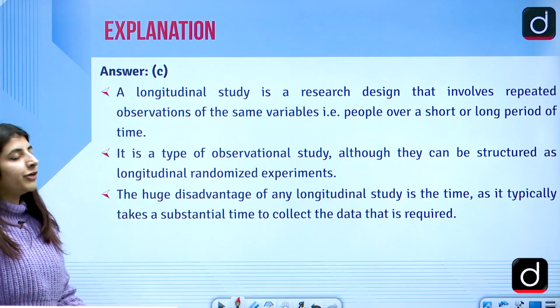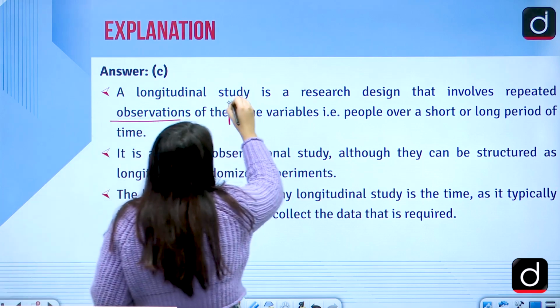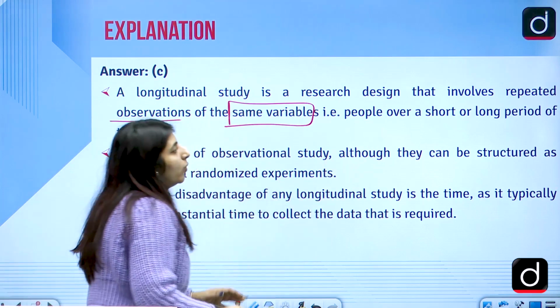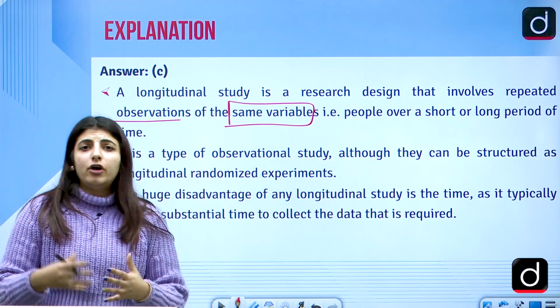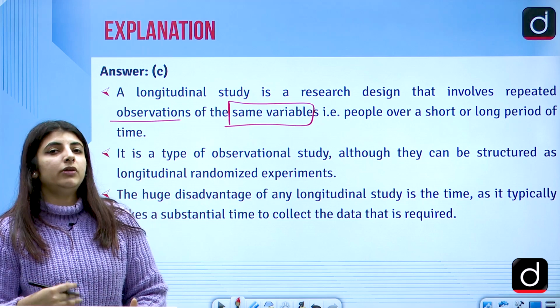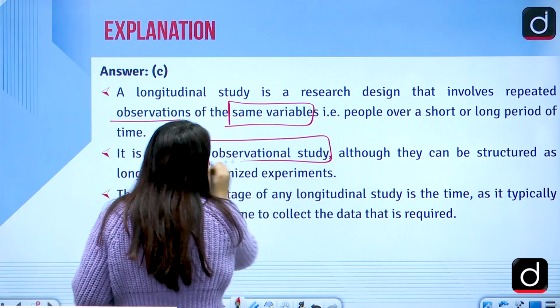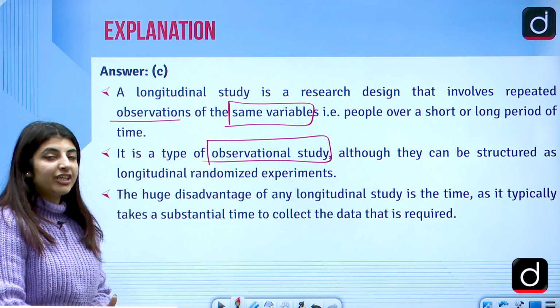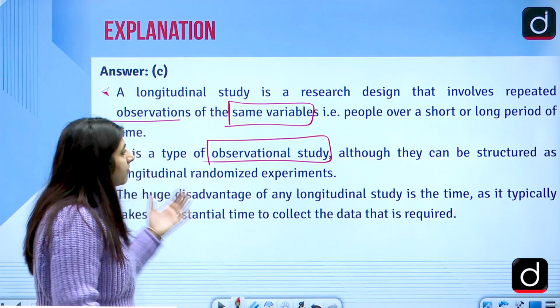First of all, what is a longitudinal study? That involves repeated observation of the same variables, that is people, over a short or a longer span of time. Correct? So, that depends on your research, how long you want to do your research on them. It is a type of observational study because you observe the changes made in those very variables, if there are any.